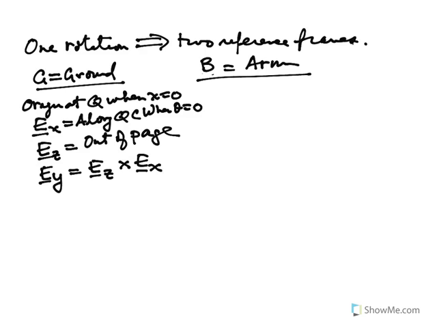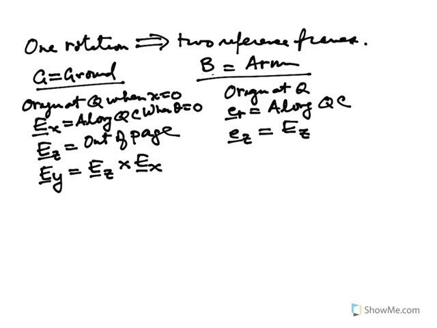The coordinate system that's fixed to the arm is going to have its origin at Q. Then ER is going to be along QC. Little ez is going to equal big EZ. And then E theta is going to equal EZ crossed with ER.